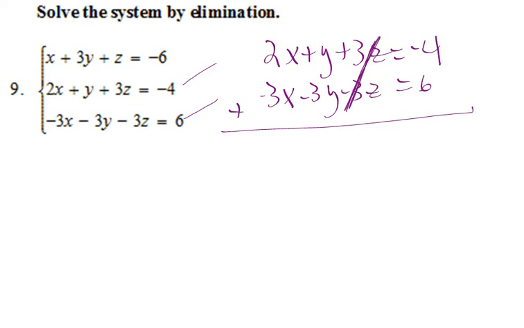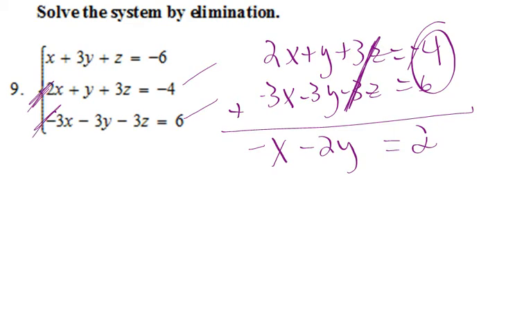When I add these, I get negative x, and then negative 3y plus y is negative 2y, equals 6 minus 4 is 2. So now I've eliminated my z out of equations 2 and 3, and I'm going to call that equation 4.